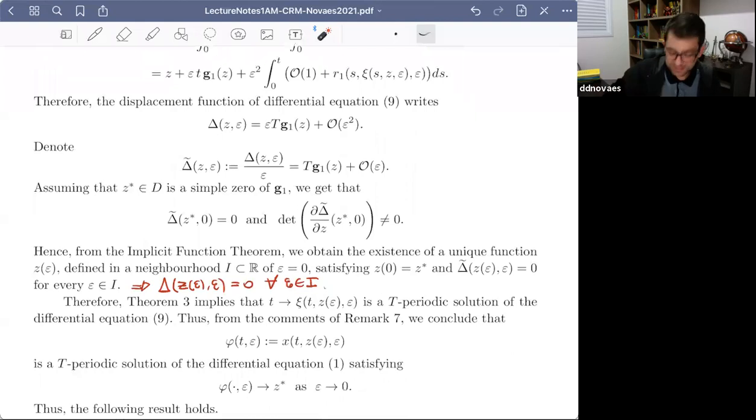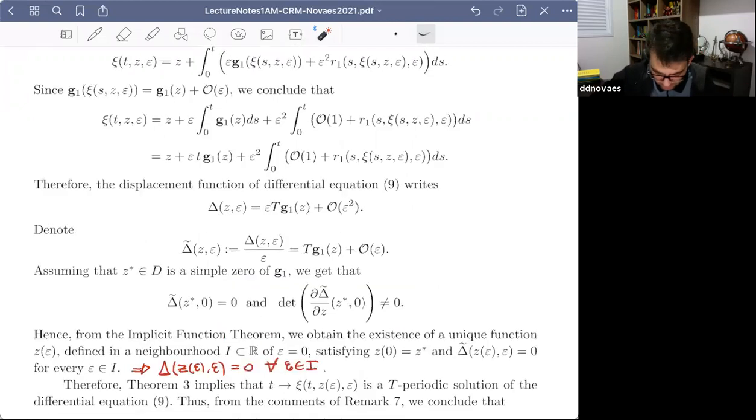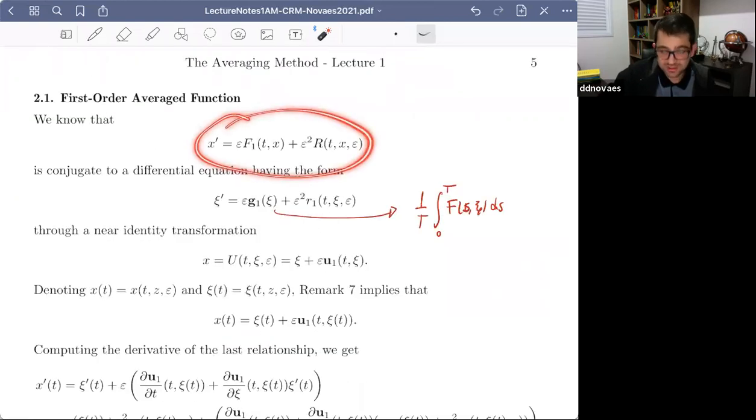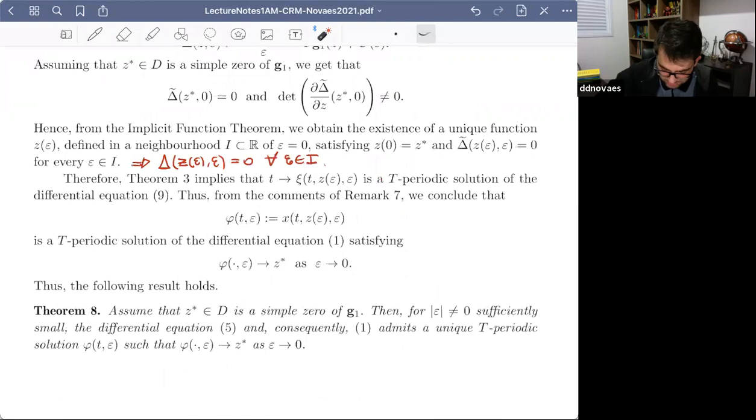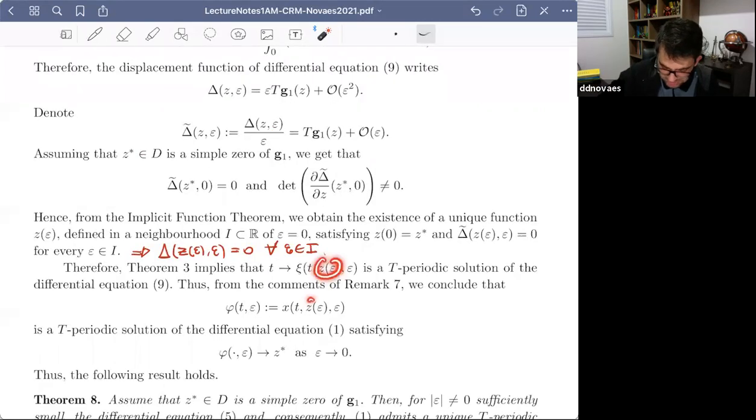And now, taking remark 7 into account, we know that the solution of the difference equation 1, which has fewer orders, the solution of this difference equation with the same initial condition z epsilon, is also T-periodic.